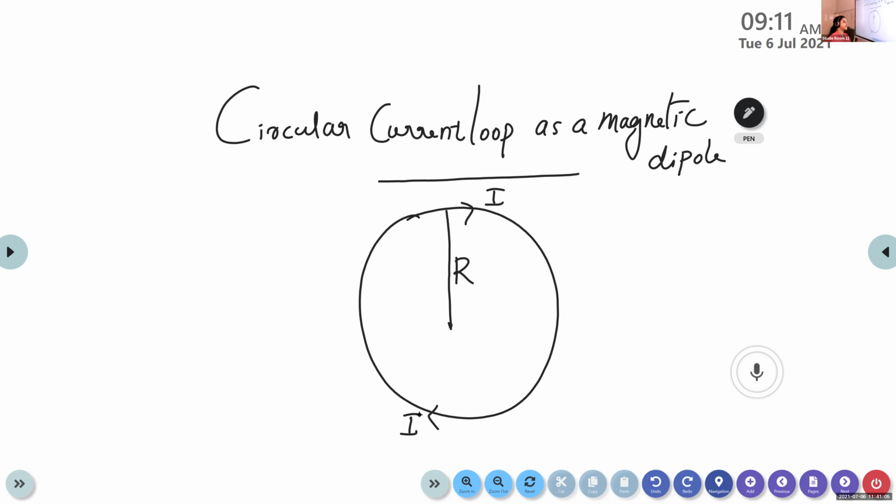So here we consider a circular loop with radius r, and here I is the current that is flowing through the circular loop. It produces a magnetic field.